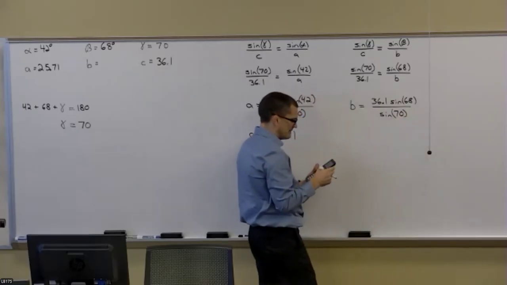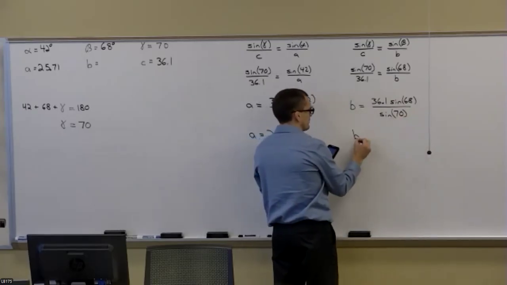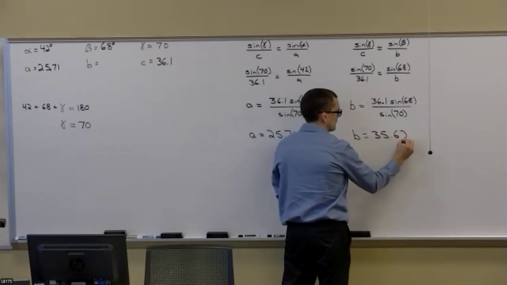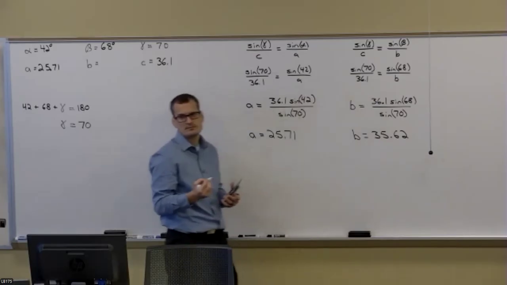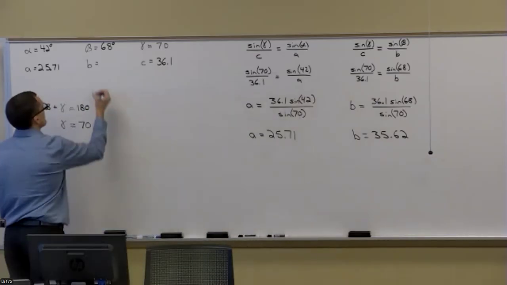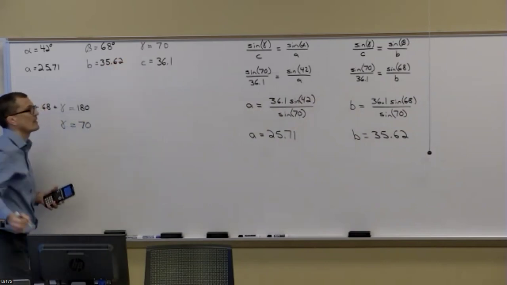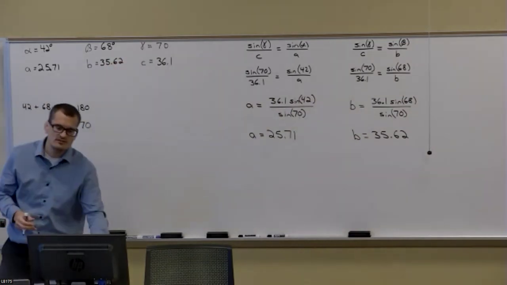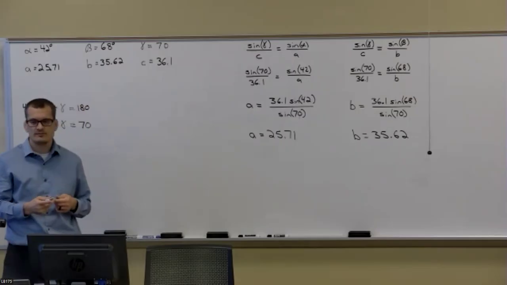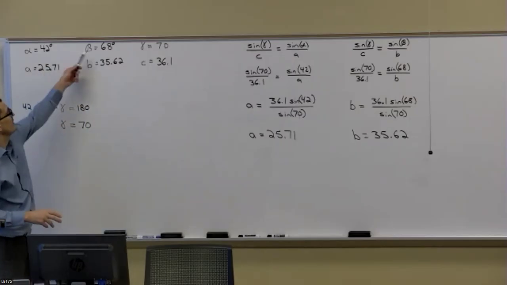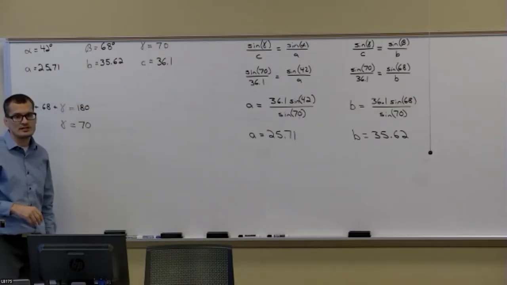When I plug that into my calculator, I ended up with a B value of 35.62. And so now I've solved this triangle. By the way, this was an acute triangle because every angle was under 90 degrees.